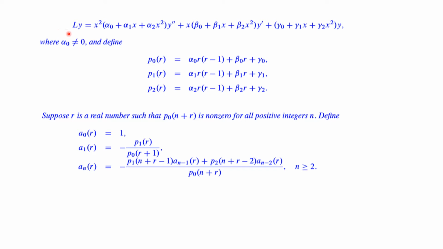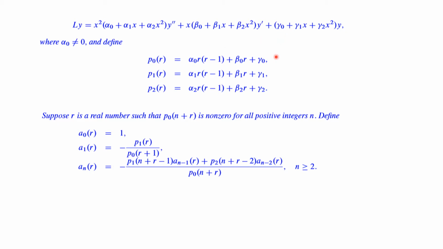Now, let's think back to operators, and we're going to have L of y be the operator that we have. And we're going to be talking about some polynomials here. P0 of r is going to be the polynomial defined this way, where we have alpha 0, which is associated with the constant terms up here, alpha 0, beta 0, and gamma 0.